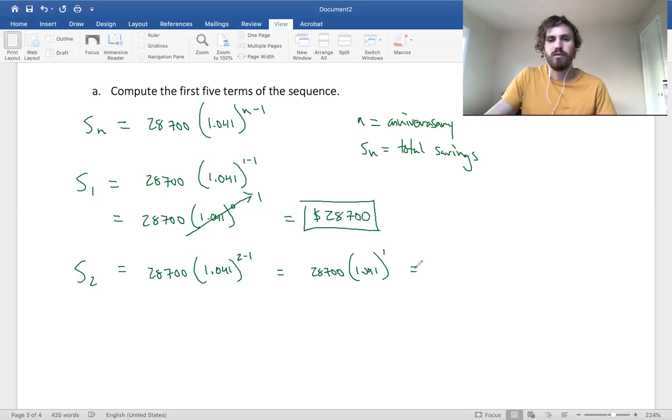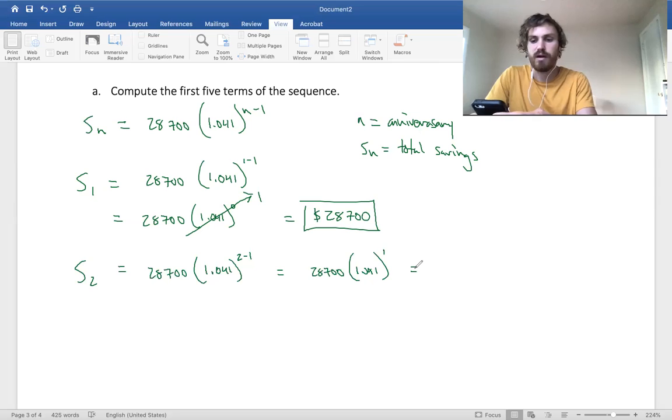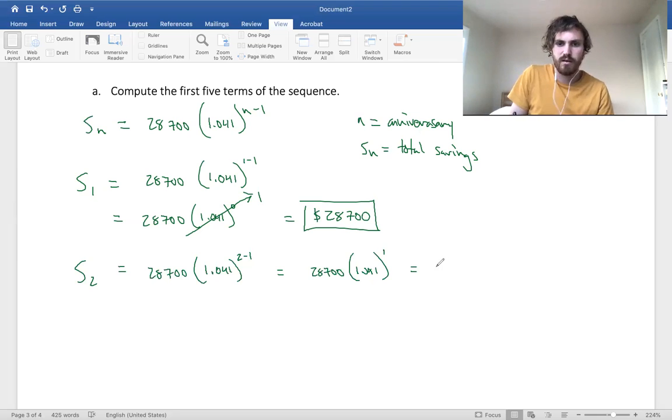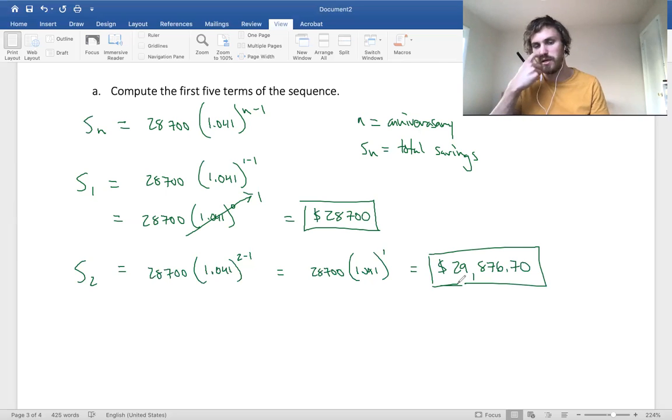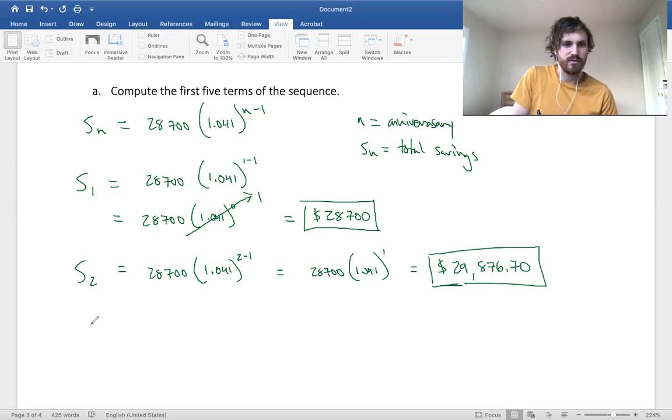So I need to do 1.041 to the first power, which of course is just 1.041, and multiply it by 28,700, and I get 29,876 and 70 cents. So that is how much I have earned after the first year and how much is in my account, basically leading up to the second anniversary.